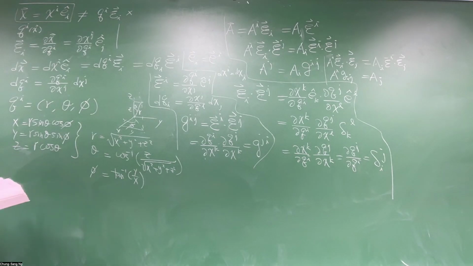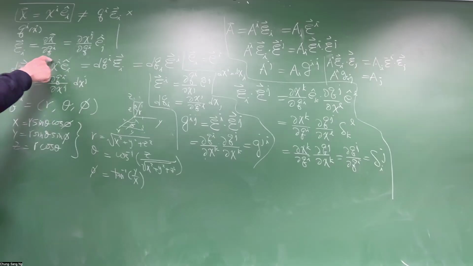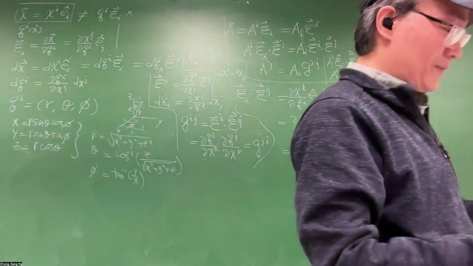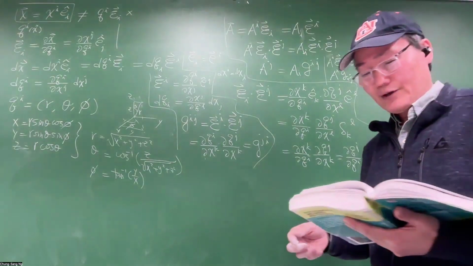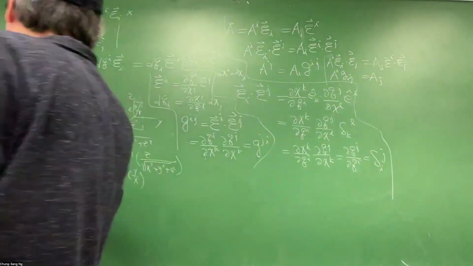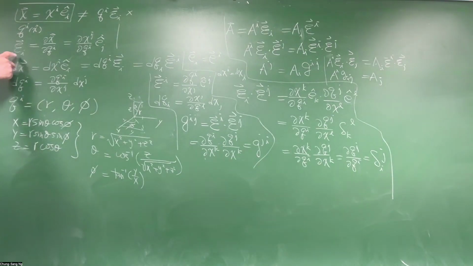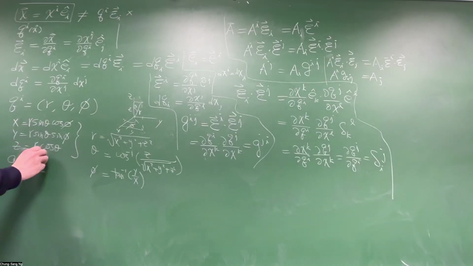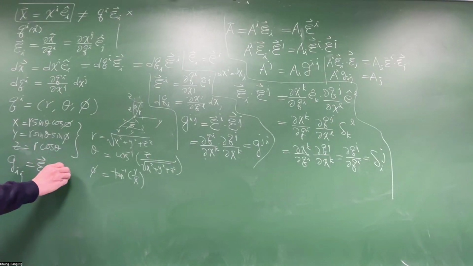And then you can define all that. For example, after you do the transform and take the derivative, you can calculate explicitly what these epsilons are. I think those are straightforward, I don't need to go through it. Your textbook has that. And the g_ij, once you figure out all these epsilons and get the exact form, just do the dot product.